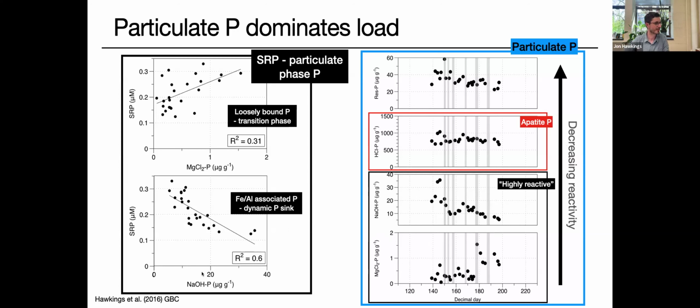But you seem to have this NaOH-P, which is typically associated with iron and aluminium hydroxides, forming some kind of dynamic sink with the dissolved phase, where the dissolved phase goes high, but the NaOH-P goes low. Then the NaOH-P phase goes high, and the dissolved phase goes low. So there's potentially some kind of interesting connection between the particulate and the dissolved phases going on.